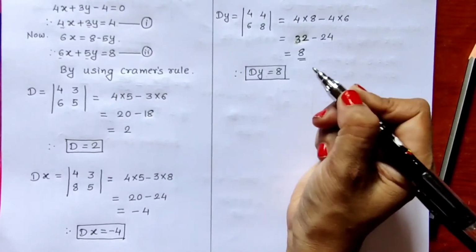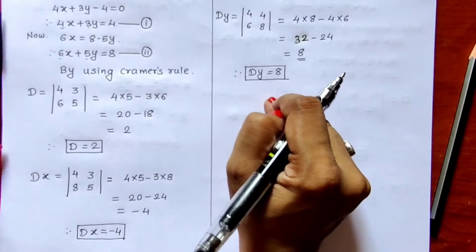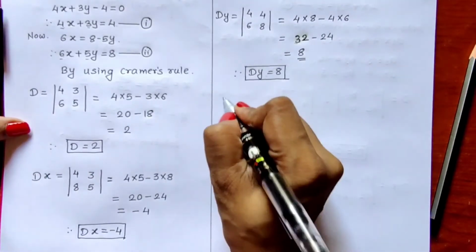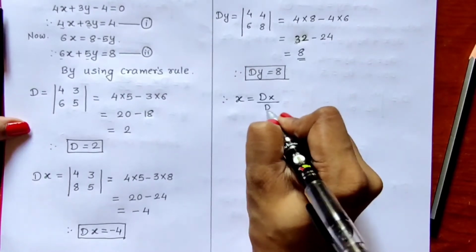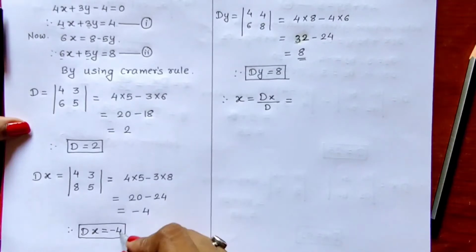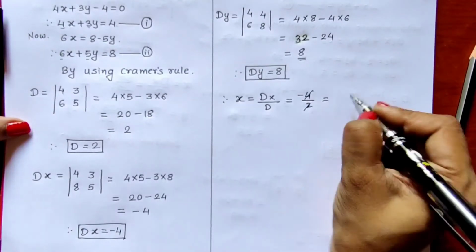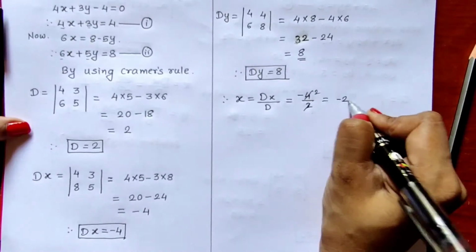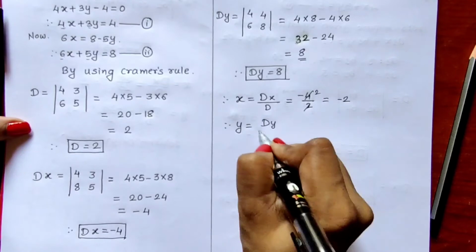So in this way we have got d value, dx value and dy value. Now we can get the values of x and y. Therefore x is equal to dx upon d, which will be equal to minus 4 upon 2. 2 ones are 2, 2 twos are 4. So answer is minus 2. Y value is dy upon d.